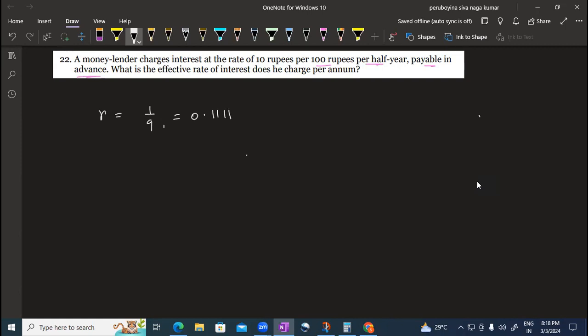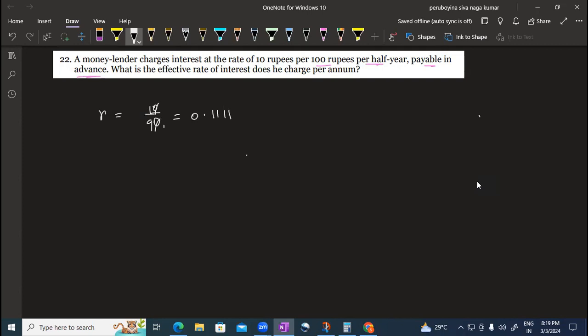For every 100 rupees, he is only giving 90 rupees. That means he is collecting 10 rupees. That means 10 rupees on every 90 rupees he is earning. Therefrom, I got this 1 by 9. So zeros cancel. 1 by 9 means 0.1111. Understood?